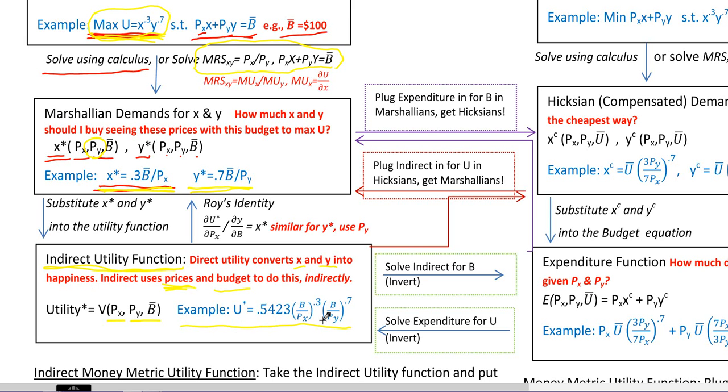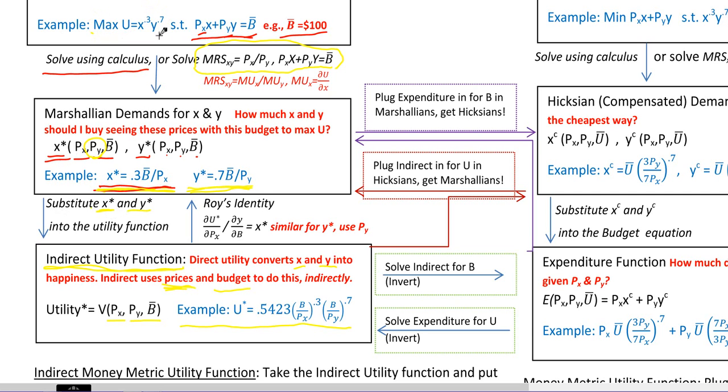Now, how do you get that function? I'm going to go through that in the next video, but basically on our little map here, in order to get the indirect utility function, you substitute these solutions, x star, 0.3b over the price of x, and y star, 0.7b over the price of y, into the original utility function.